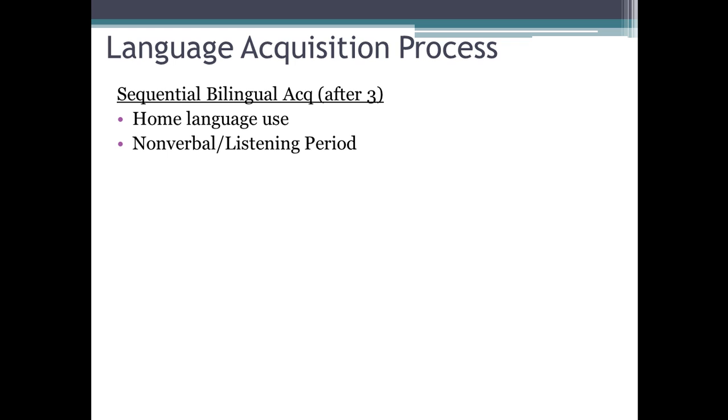Those are the points in which the child is going to be listening and trying to establish a primary base in that language.